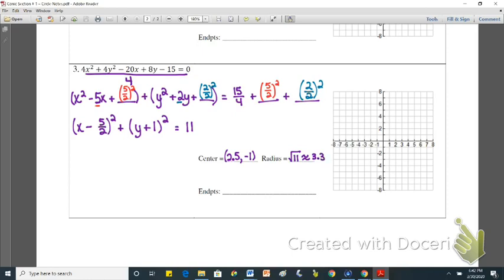So I would plot my center, so positive 2.5, negative 1. And then I go 3 1/3 boxes. 1, 2, 3 1/3. Up 3 1/3. 1, 2, 3, 1/3.